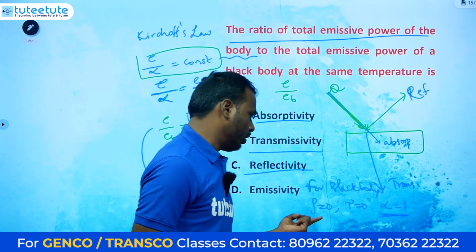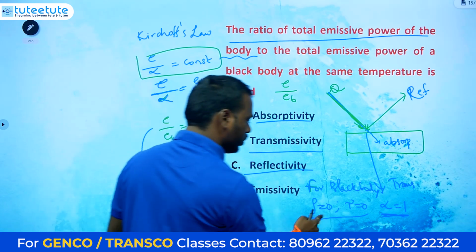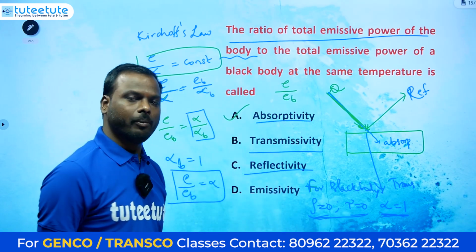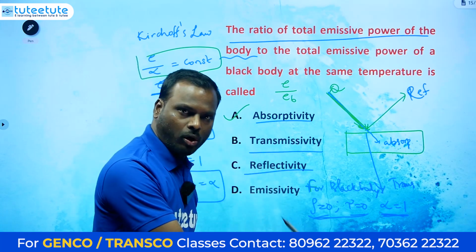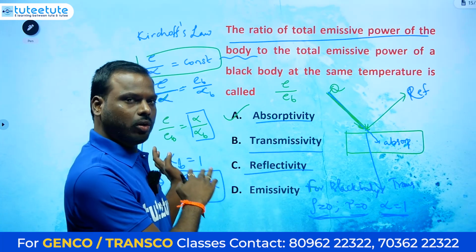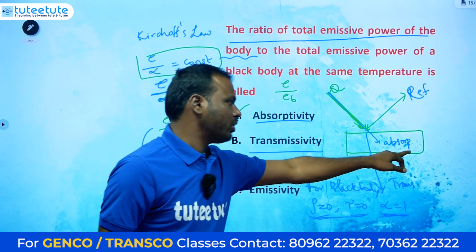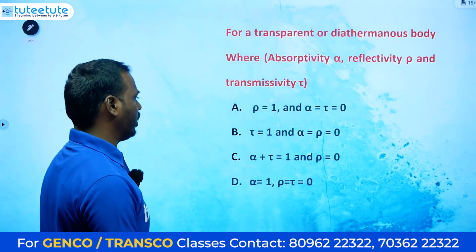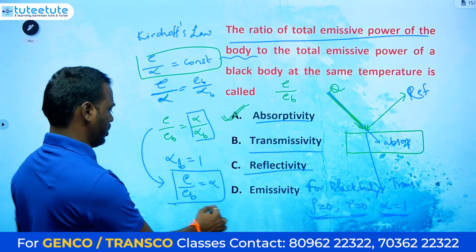Then rho is equal to 0 and tau is equal to 0, meaning for the black body there will be no reflectivity and no transmissibility. Whatever the total energy Q, the heat transfer will be only in terms of absorptivity. So the answer will be absorptivity.